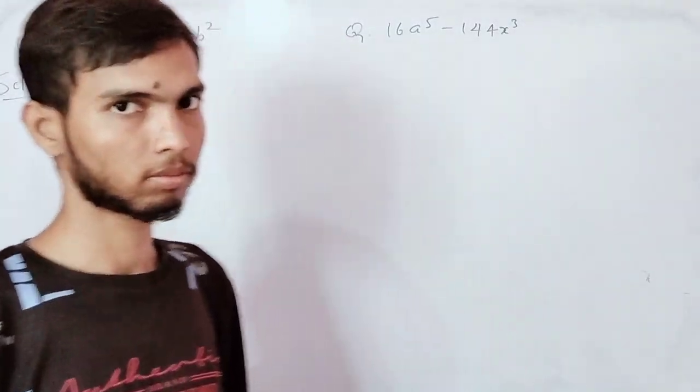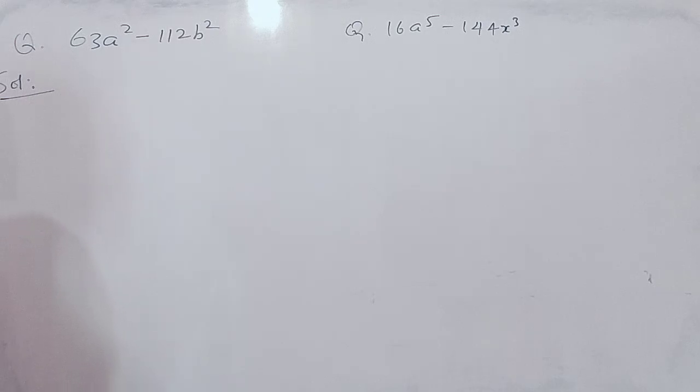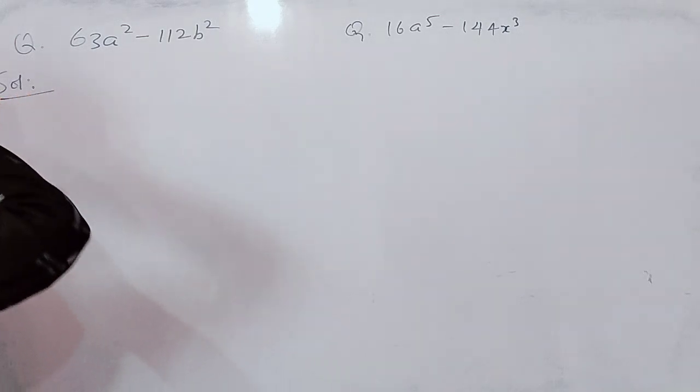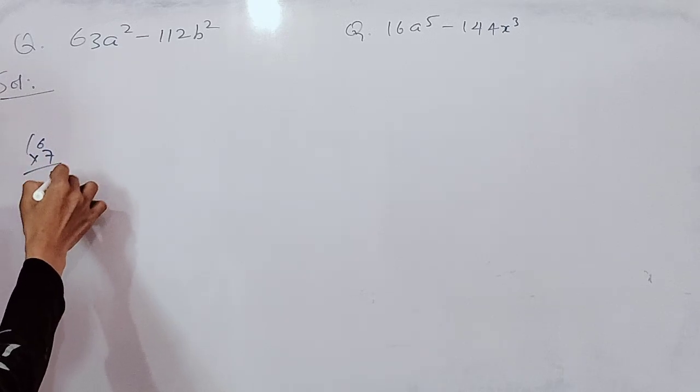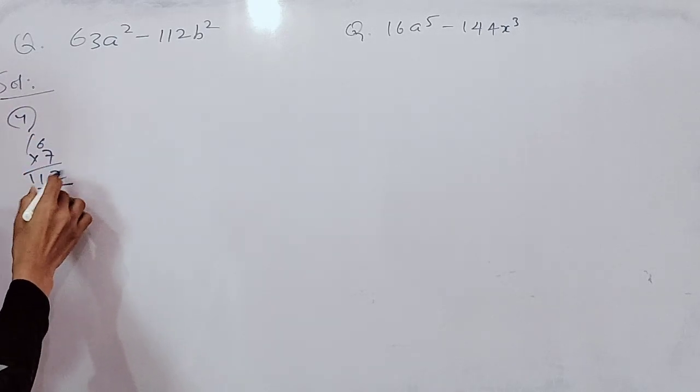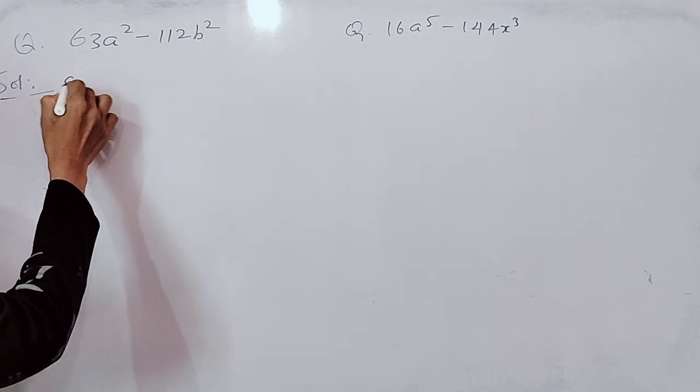Here 63 is not a perfect square of any number. Here we can take common. 9 sevens are 63 and 16 sevens are 112.